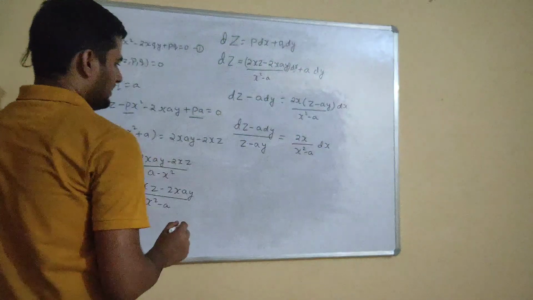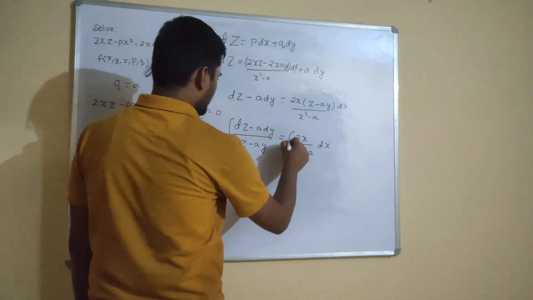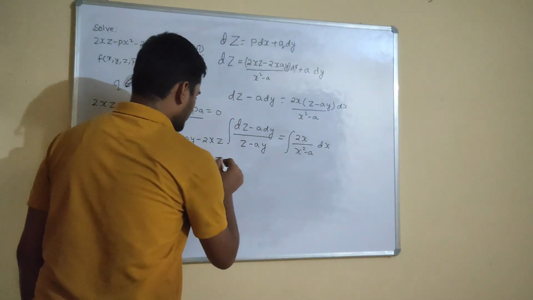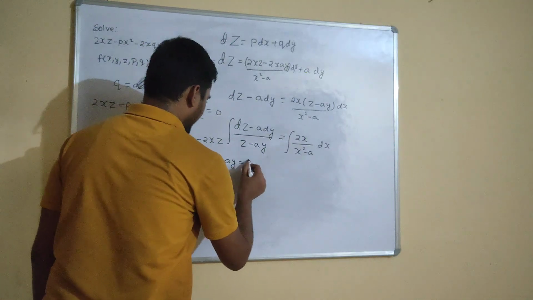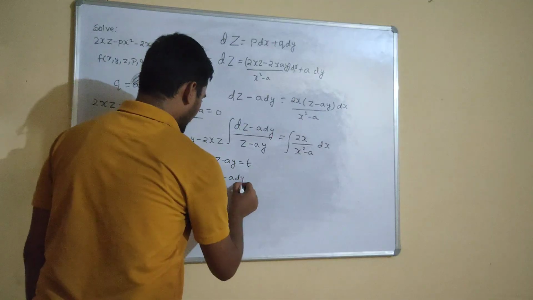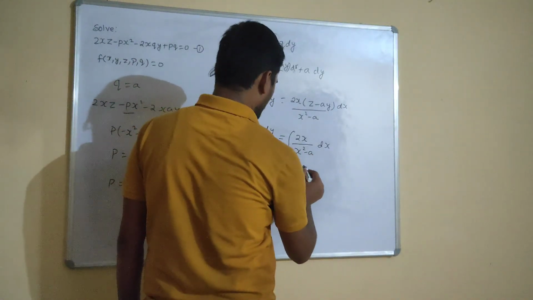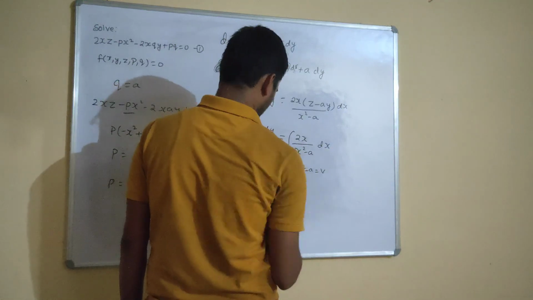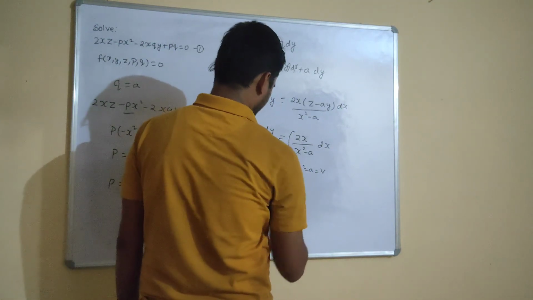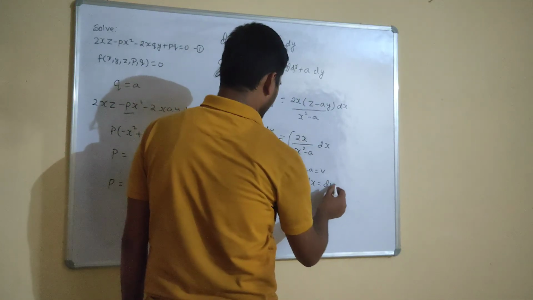Now this is the integrable form. You can go for direct substitution. So I am taking two substitutions, z minus ay if I take as t, so dz minus a dy equals to dt. Similarly here, if I take x square minus a as v, so 2x dx equals to dv.